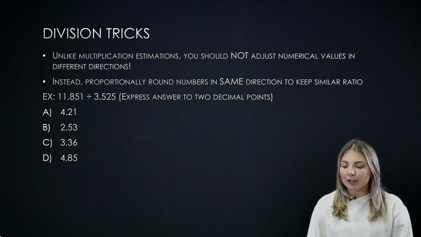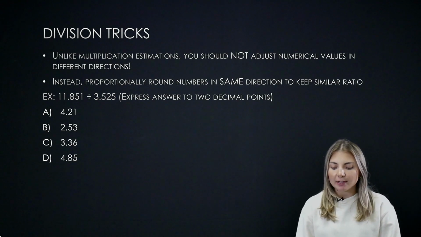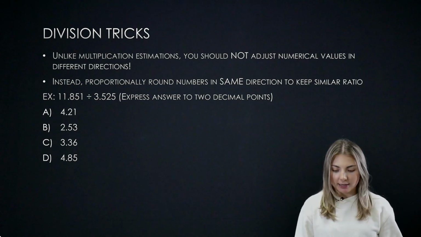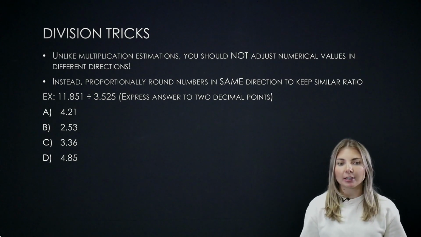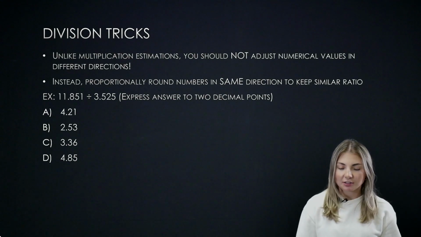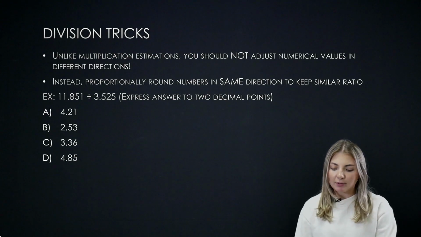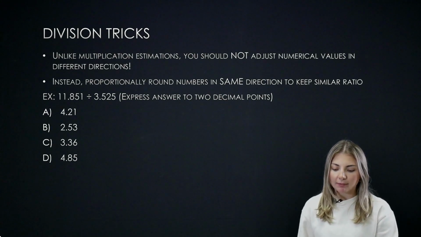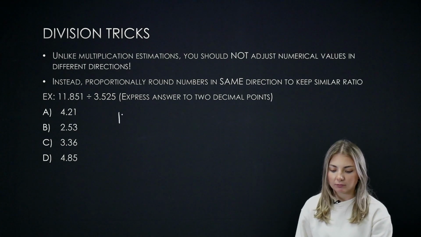If you are given 11.851 divided by 3.525 and the answer choices below that are relatively further apart from each other, we can round both of these numbers to whole numbers to start. So 11.851, I would round this to 12.